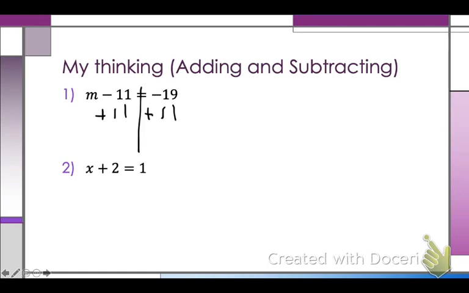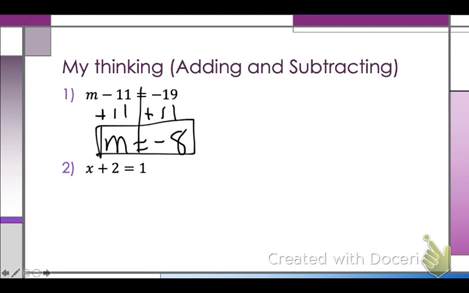All right, so m equals, and then if you could think back to a week ago, integer rules, different signs, we're going to subtract and keep the sign of the larger number. So we're going to take 19 minus 11, which is 8, and then we're going to keep the negative, so m equals negative 8.